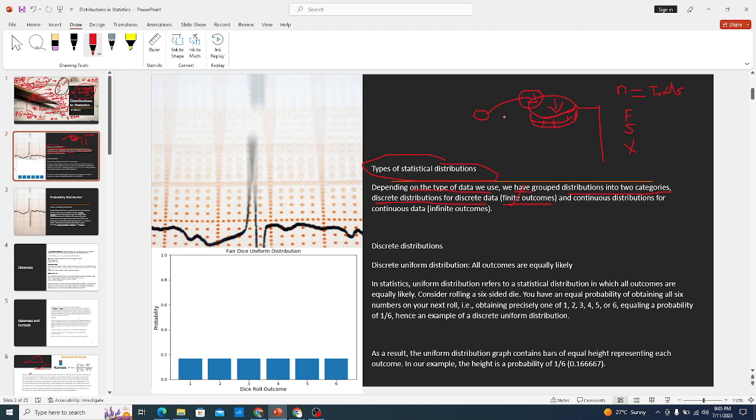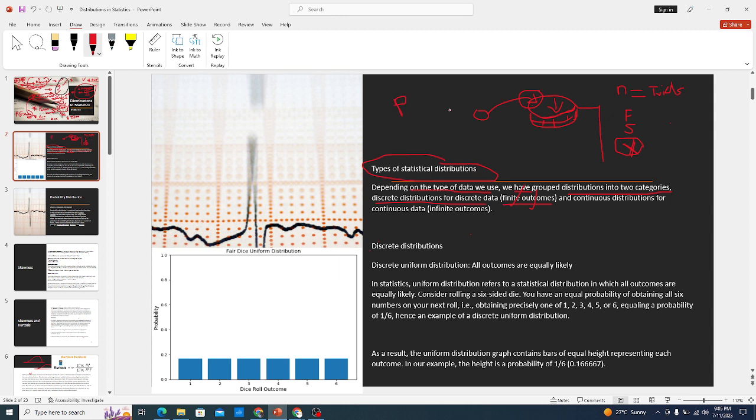For successful outcomes, we usually use X to represent them. But don't worry, we shall discuss this in detail. I was just giving an example of finite outcomes.